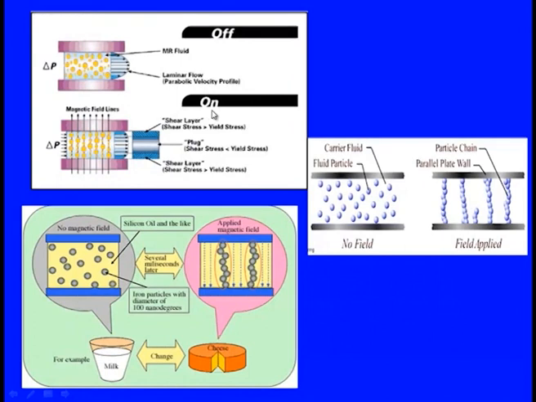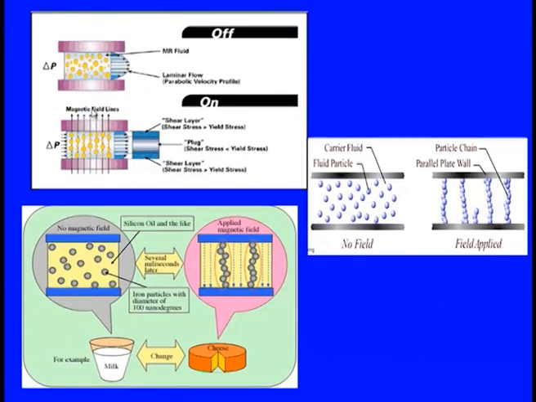But when it is on, you see my magnetic field lines, and all the particles align with them. At this part we have the shearing layer in which the shear stress is more than the yield stress. And this part is just a plugging feature, and we straightaway get the shearing layer at the top and bottom.